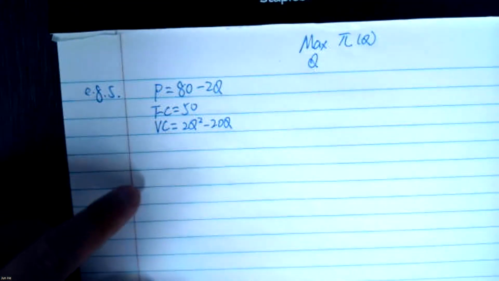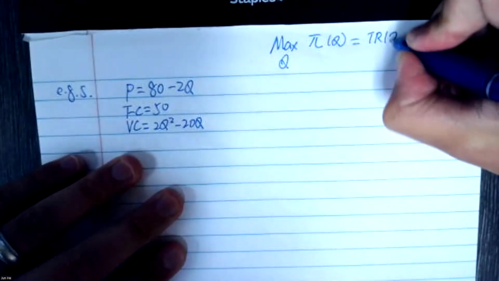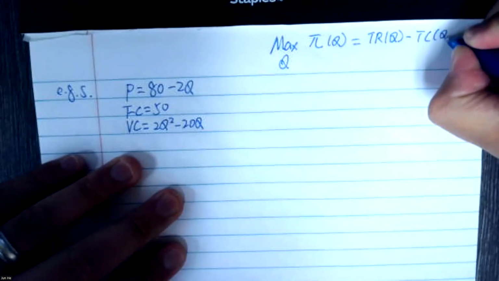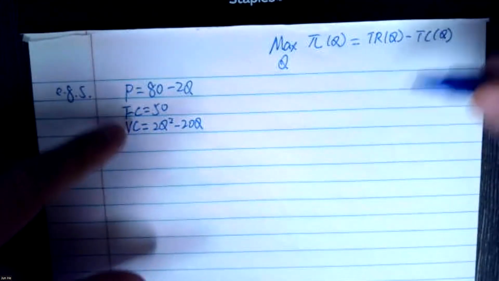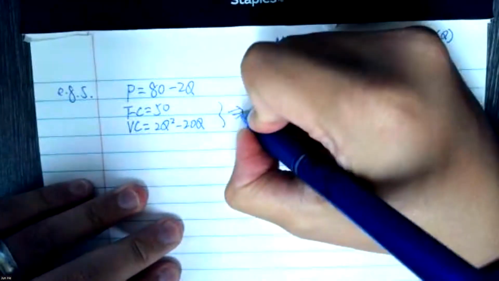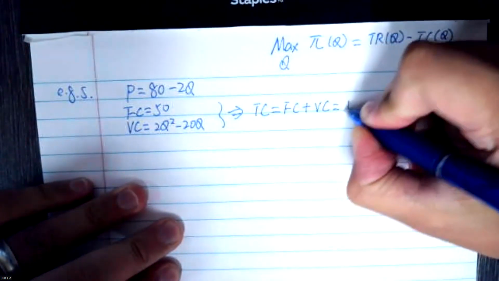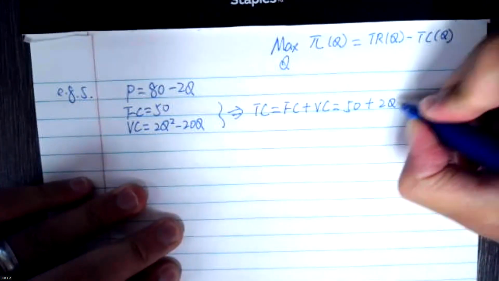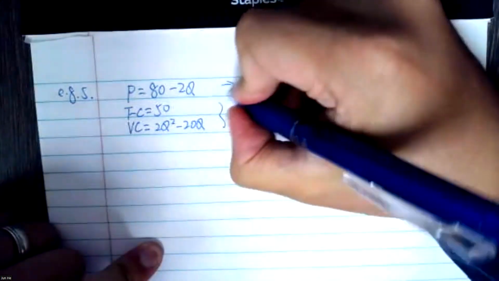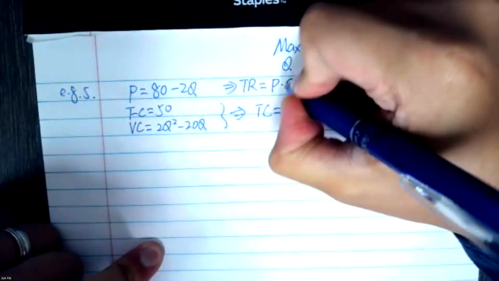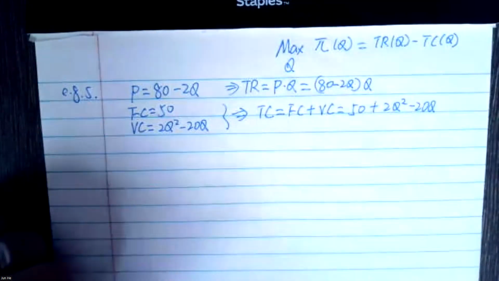Okay, so first, profit equals the combination of 2 parts, total revenue minus total cost. First you need to figure out what's the R. Total cost is just a summation of fixed cost and variable cost. That is 50 plus 2Q squared minus 20Q, right? And total revenue is price times quantity, where price is expressed as 80 minus 2Q, times quantity.